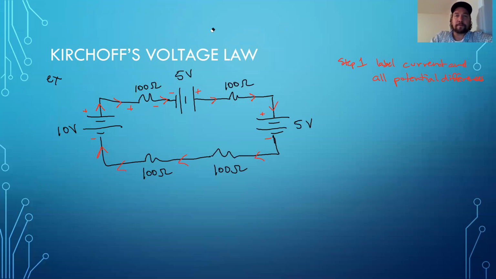So VR1, this is R1, this is R2, VR2, this one's VR3, R3, this is R4, so VR4, and then the plus and minus are the potential differences: higher potential, lower potential, higher potential, lower potential, higher potential, lower potential.